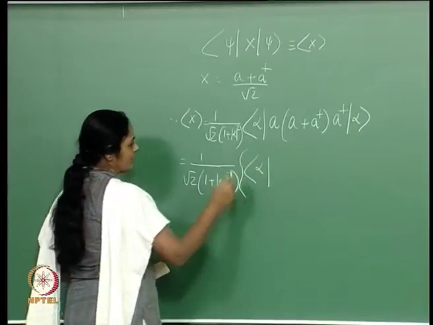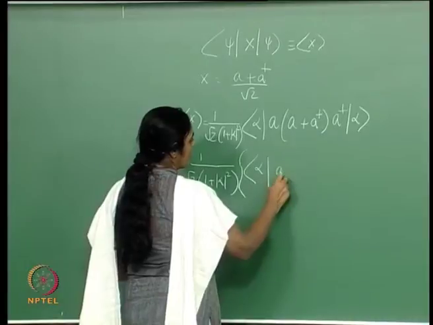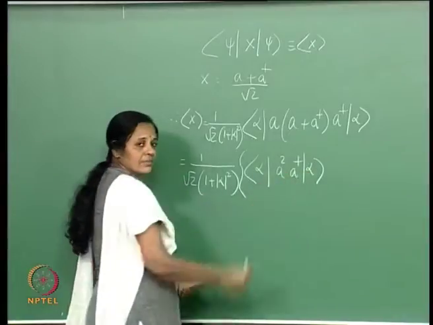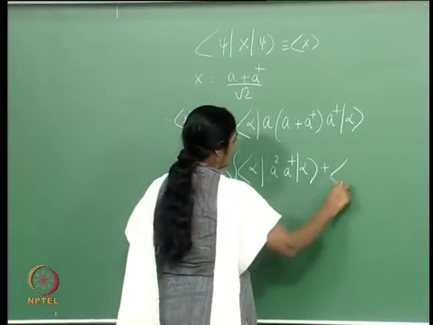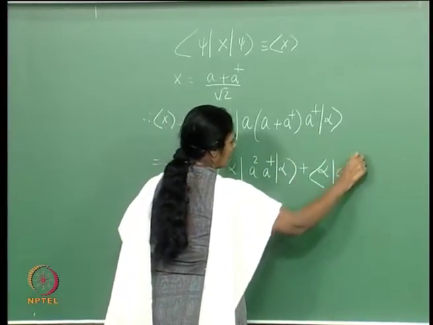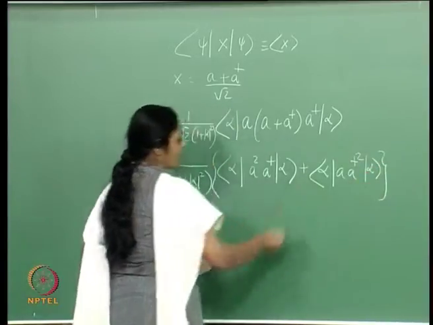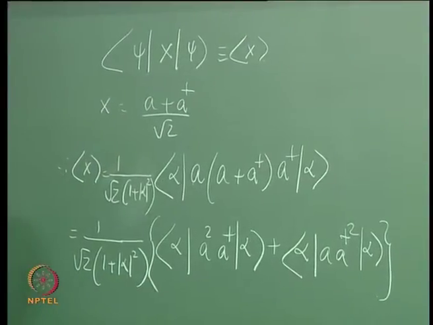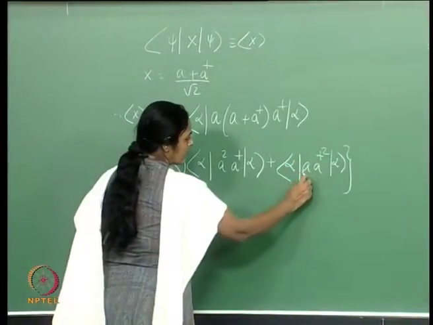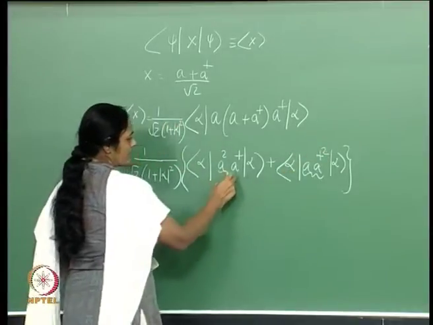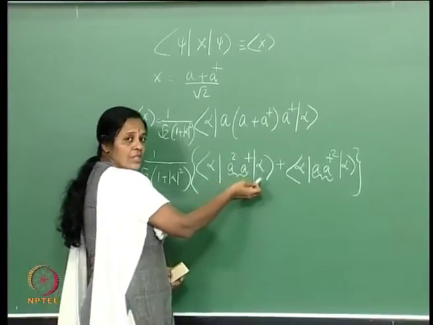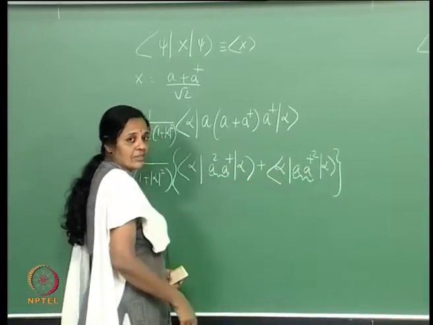I have two terms here. The first is the expectation value of A squared A dagger in the state alpha. The next is the expectation value of A dagger squared in that state. Now, it is clear that this operator here, its dagger is here, and therefore, if I know this expectation value, I can always take the complex conjugate and get the other expectation value.